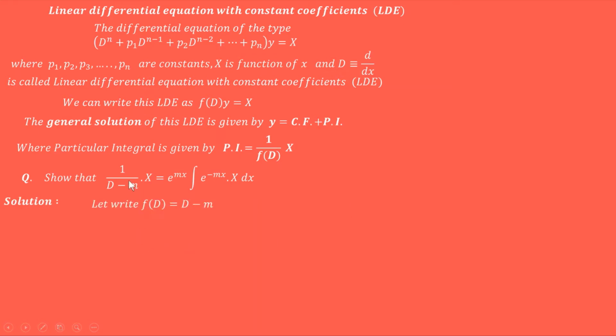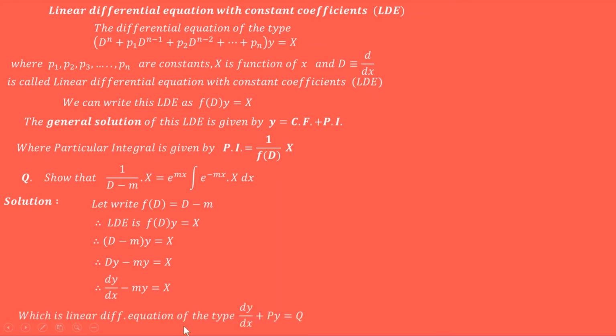Let us write f(D) = D - m. We know the linear differential equation is f(D) y = X. Put f(D) as D - m, so we get (D - m) y = X. Take this y inside, so Dy - my = X. As D = d/dx, we get dy/dx - m y = X. We observe that this is the differential equation dy/dx + Py = Q, that is the linear differential equation.